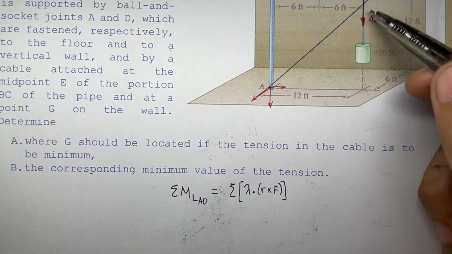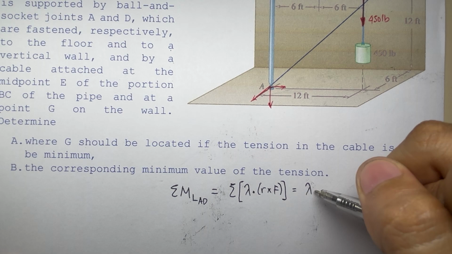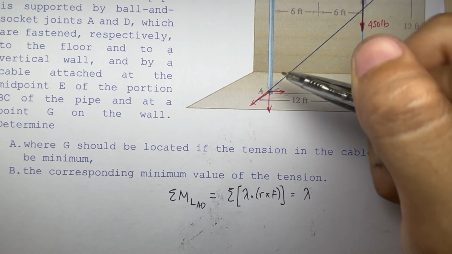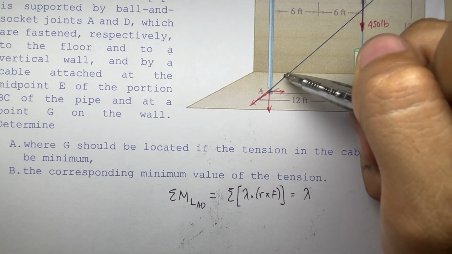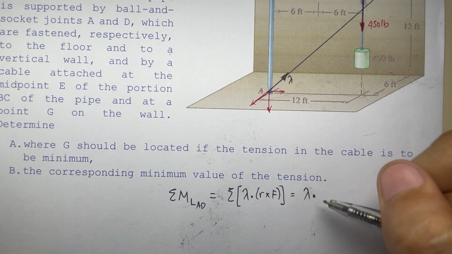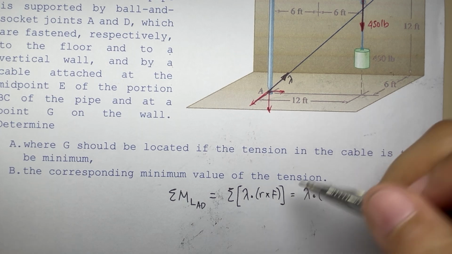Okay? So we only have weight and tension, so we may write this as lambda, where lambda is the unit vector of our axis of rotation, dot product of R cross F of our weight.